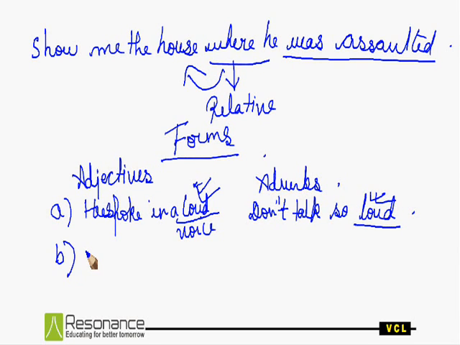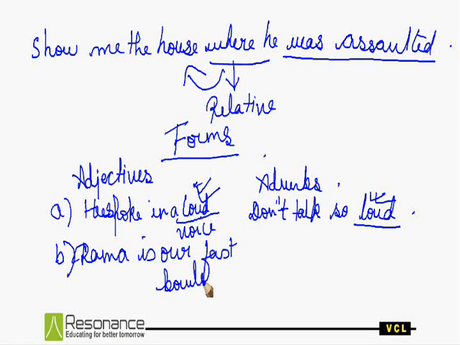Furthermore, example, if I write, Rama is our fast bowler. Second example, Rama can't bowl fast.